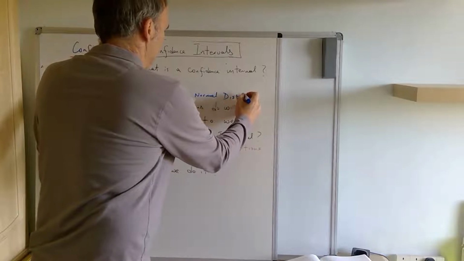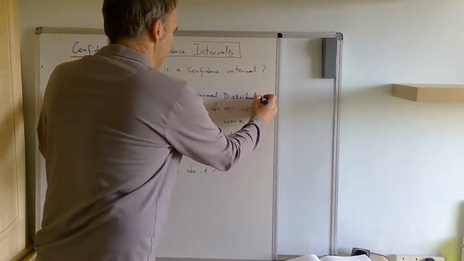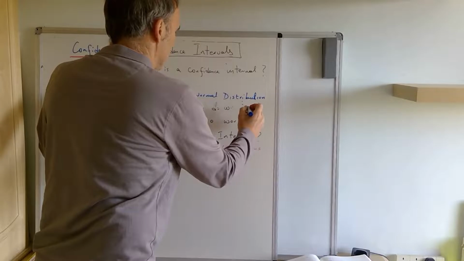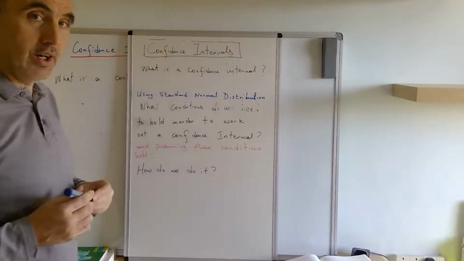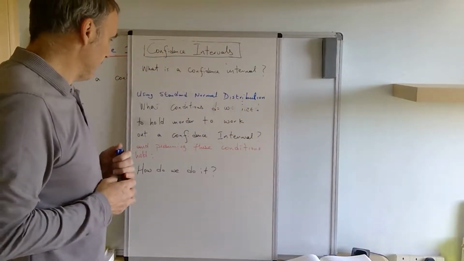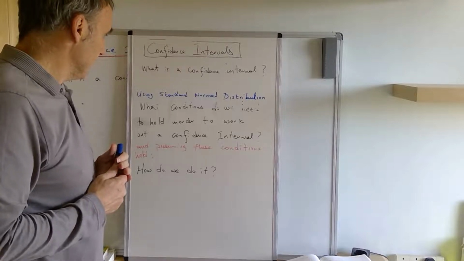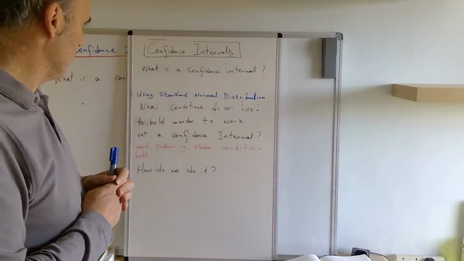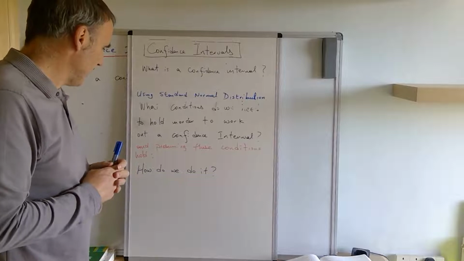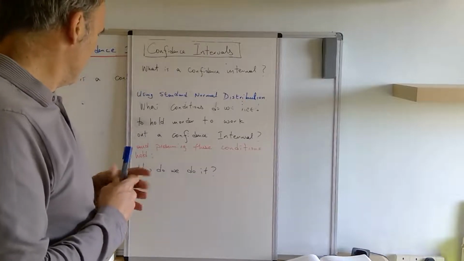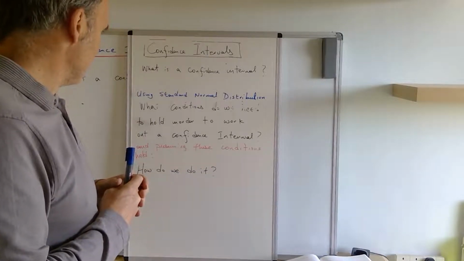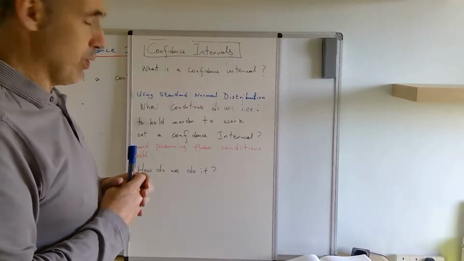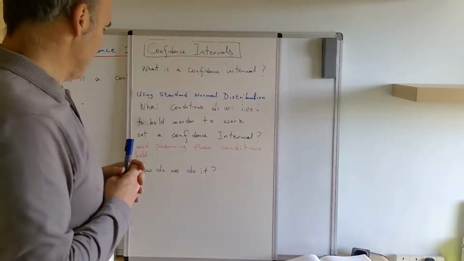There are other techniques we can use when these conditions don't hold, but they're off the OCR A-level Further Maths course, so we don't need to consider them, although they are on other courses, for instance AQA I think. I may mention what techniques we would use, but we won't go into any detail.